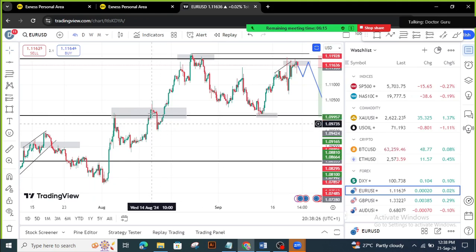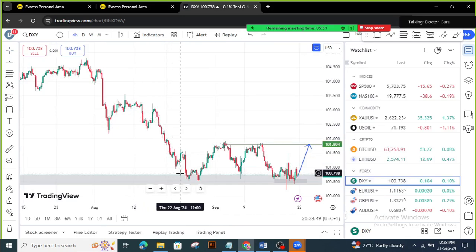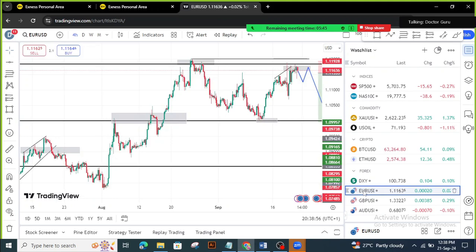You see a double top. We kind of see some kind of double bottom, but it doesn't respect. This is the 15th of August. All this bullish move to the upside started around the 15th, 16th, 17th of August. If you check your DXY, you will see from here, 15, 16, it started dropping. As it's dropping down, the dollar becomes weak, and every other pair against it continues to gain strength.